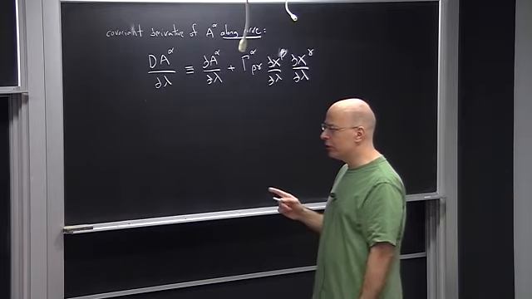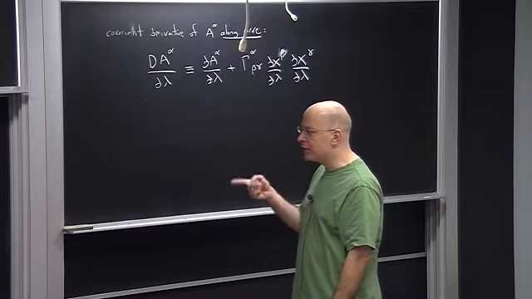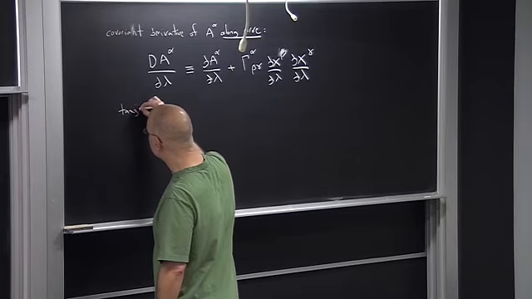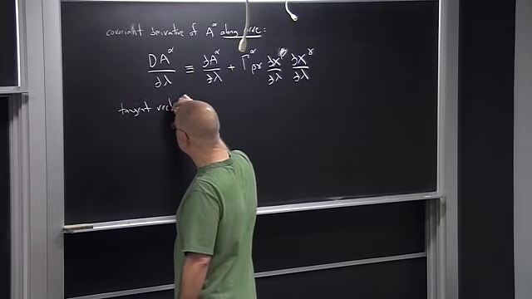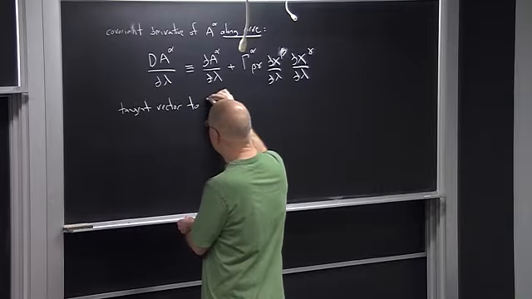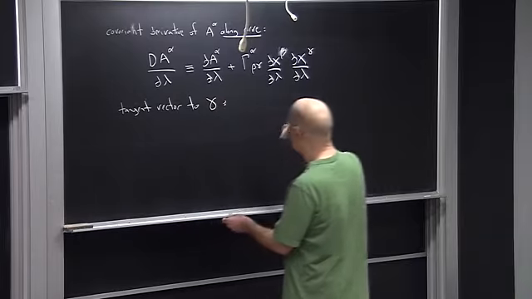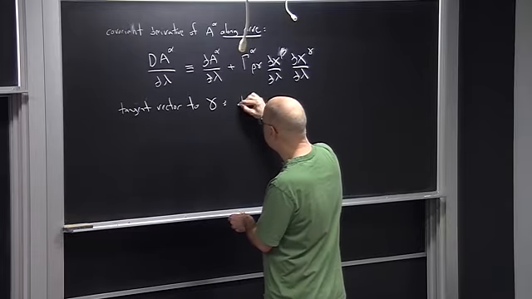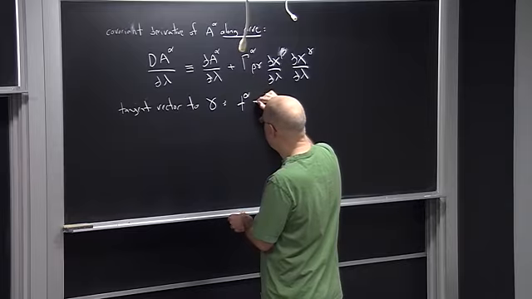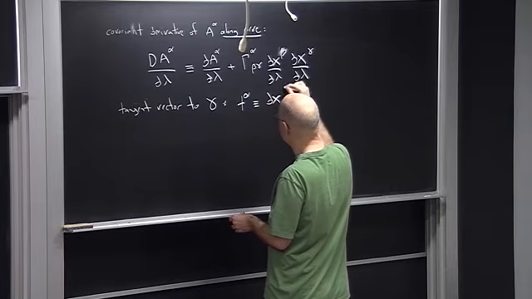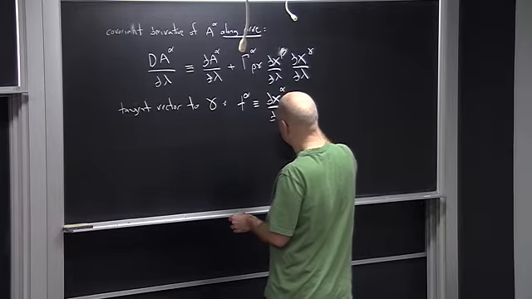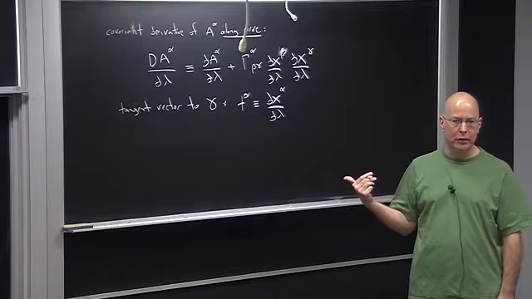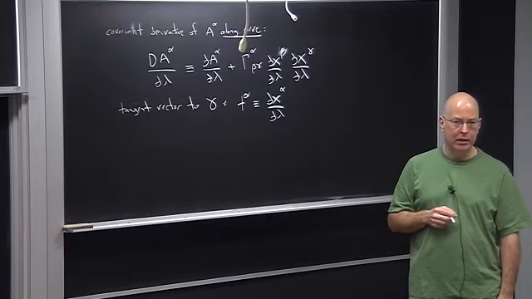One thing I can do is to introduce the notion of the tangent vector to the curve and rewrite this in a slightly different way. The tangent vector to gamma, usually I would call it u, but maybe I'll just call it t. T alpha, by definition, is the derivative of the coordinate description of the curve with respect to the parameter. That's what we mean by the tangent vector.